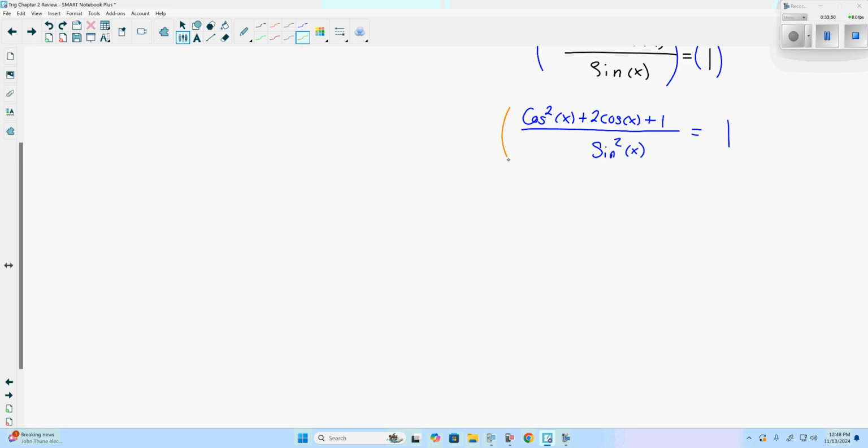Now to get rid of the fraction, just like we did on the previous one, we'd have to multiply both sides by sine squared of x, because these would cancel, telling me that I have cosine squared of x plus 2 cosine of x plus 1 is equal to sine squared of x.